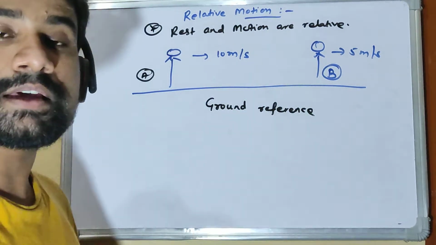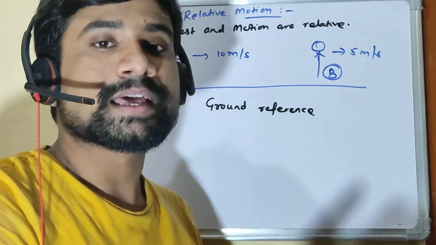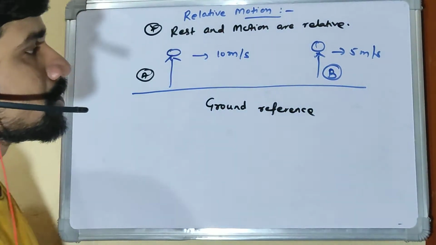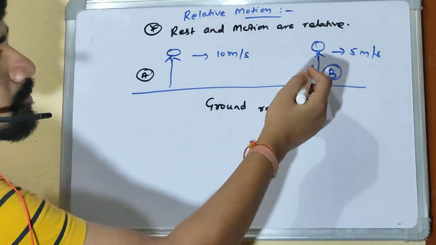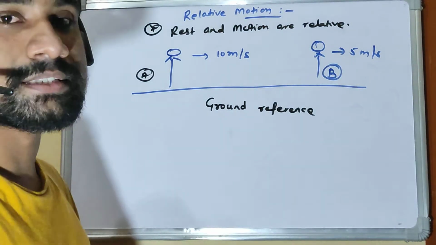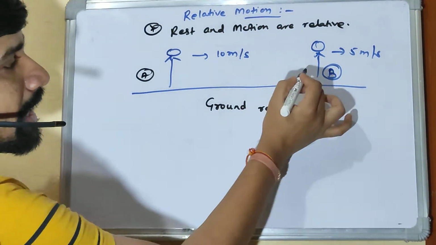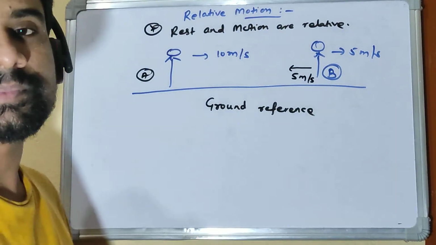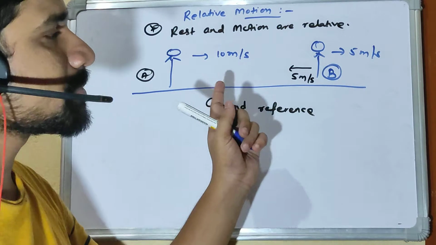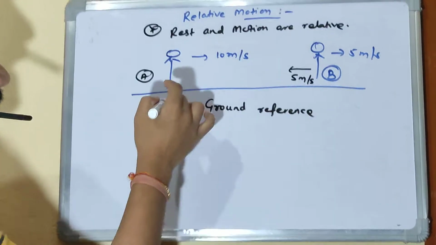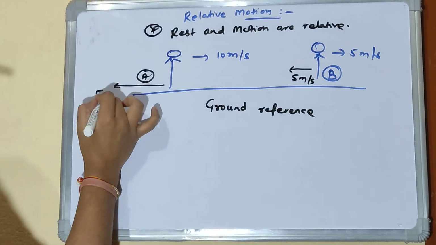So if I make the other reference also stationary, I'll be able to solve this dilemma, right? This person is moving at 5 meter per second and I need to bring this person to rest, so I'll apply 5 meter per second in the opposite direction to this person, and the same I'll do to person A as well.